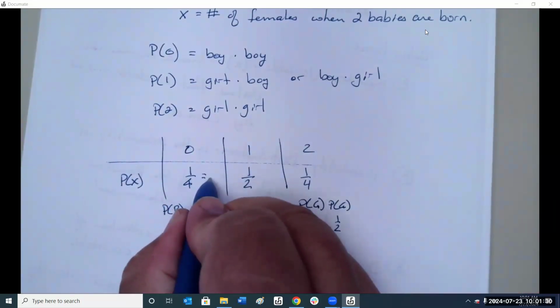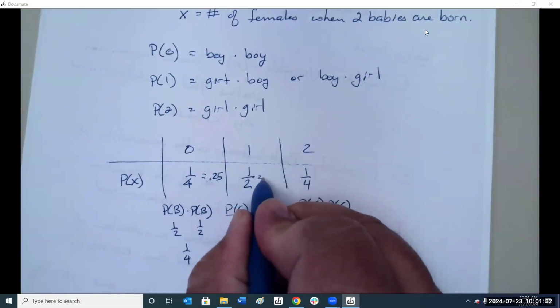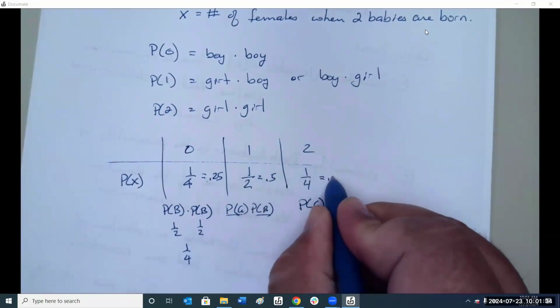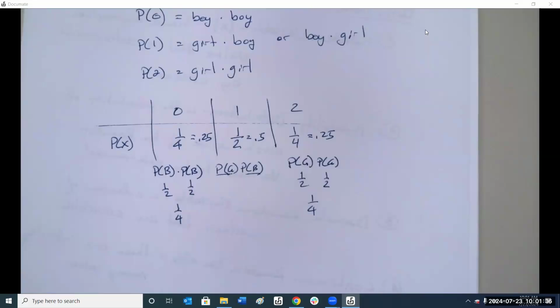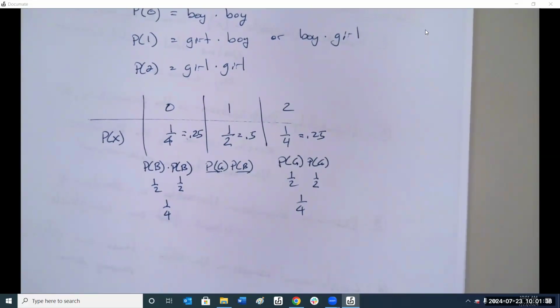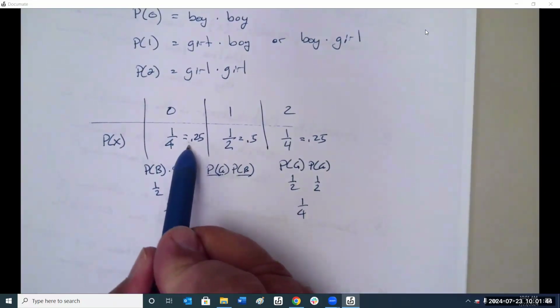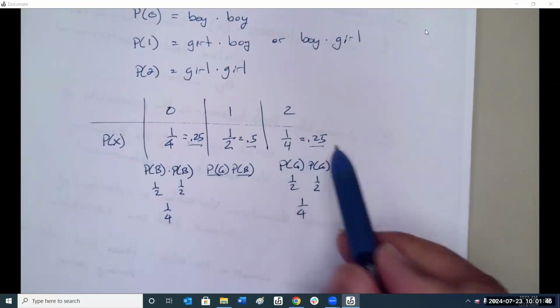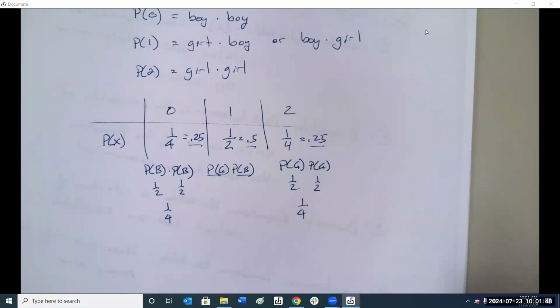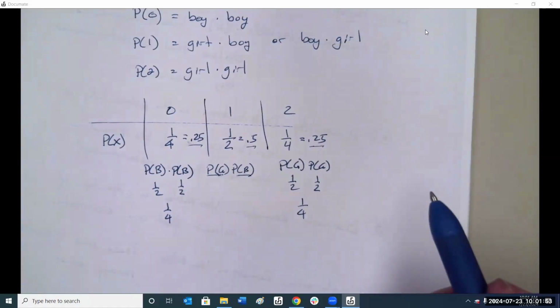This is 0.25, 0.5, 0.25. So this is where we check. Do they satisfy our conditions? Each of these probabilities, are they between 0 and 1? Yes, they're all decimals. So that's check 1.